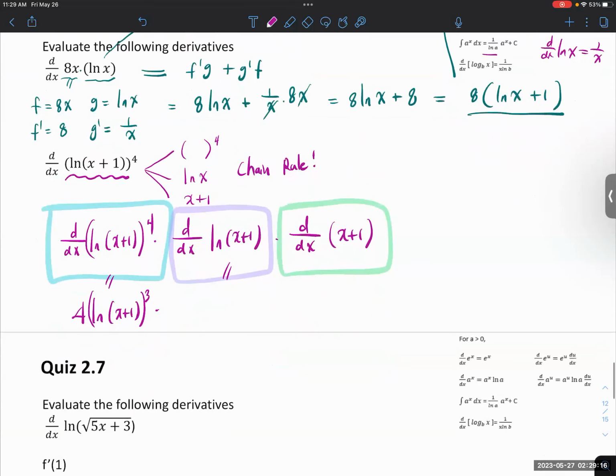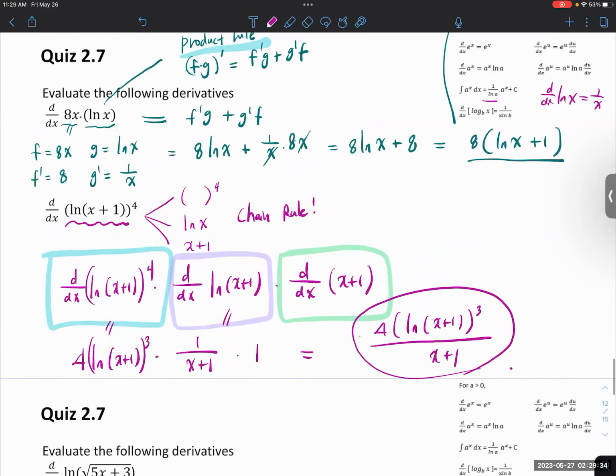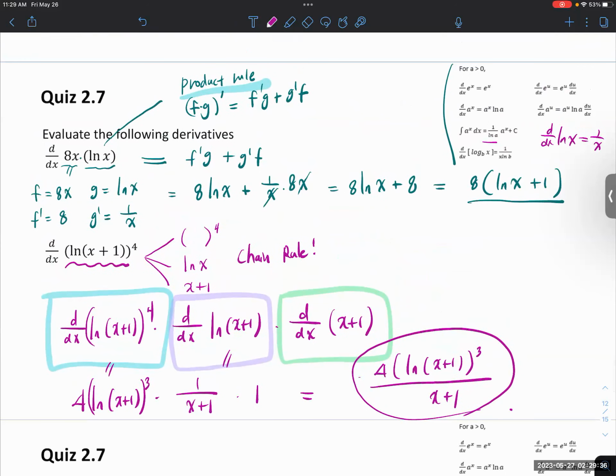So therefore, this is 1 over x plus 1, and the derivative of the inside is 1. So finally, 4 (ln(x plus 1)) cubed over x plus 1, that's your final answer. So check out the structure of the function, okay?